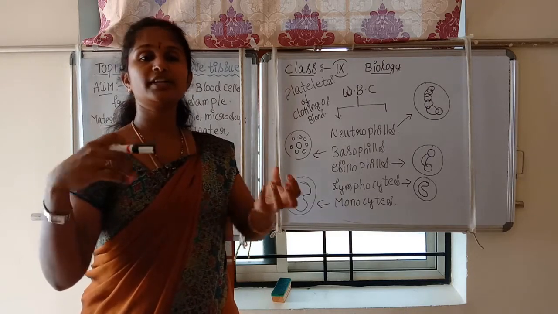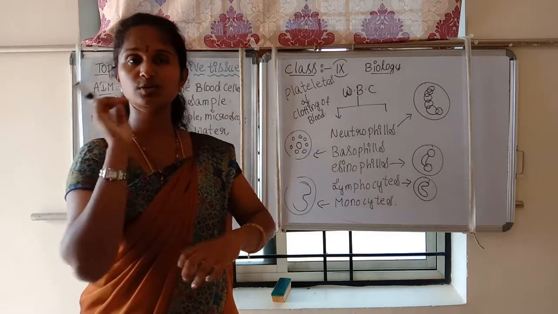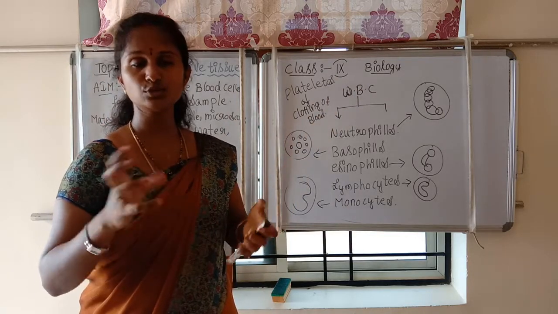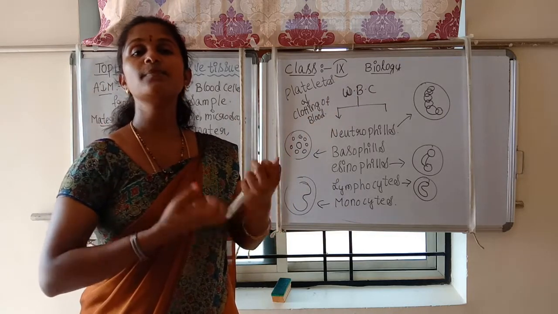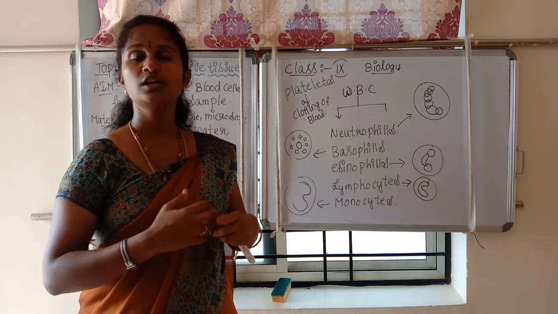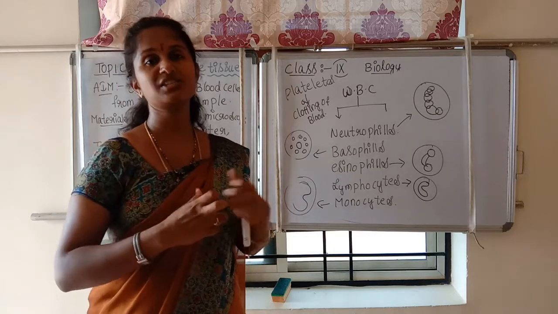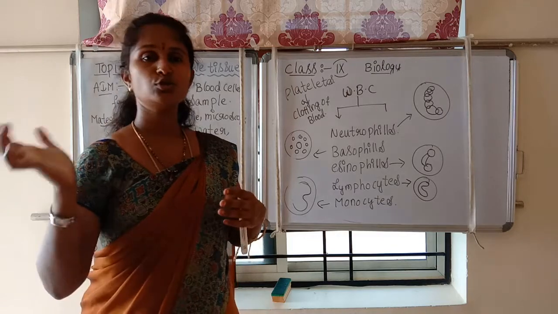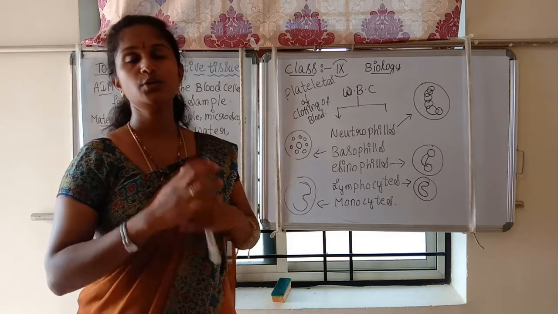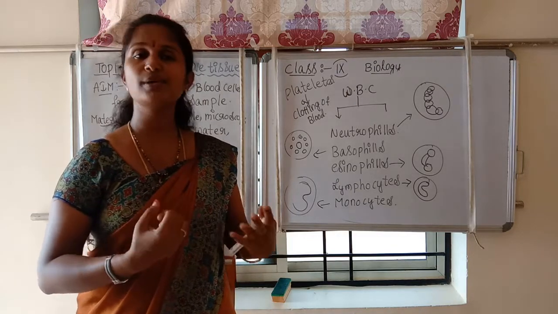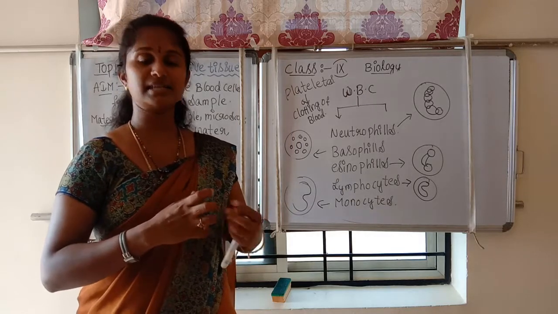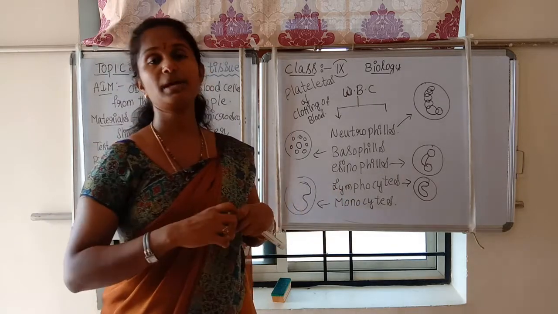To avoid that, we need to wear full gloves, and when you touch that blood, you need to clean your hands with alcohol. Just as we clean our hands with sanitizers and hand washes to avoid viruses, we need to be safe by ourselves and clean up, and after that view under the microscope.